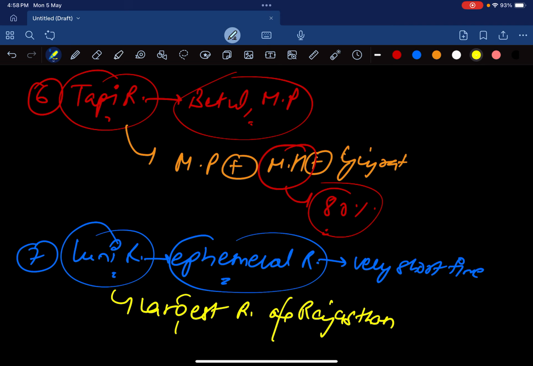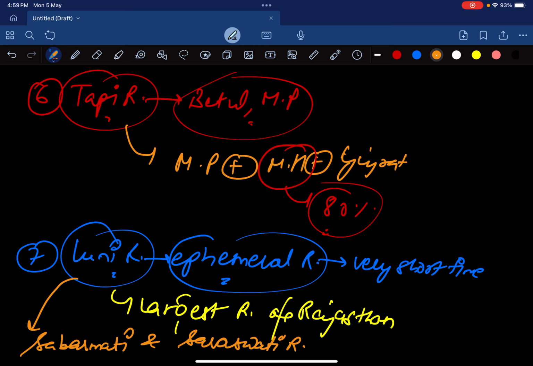Right? And the tributaries of the Luni river are Sabarmati, and Saraswati river. ठीक भाई.